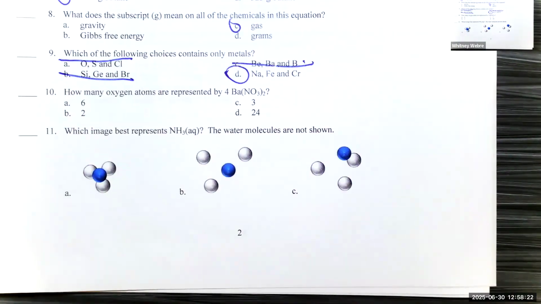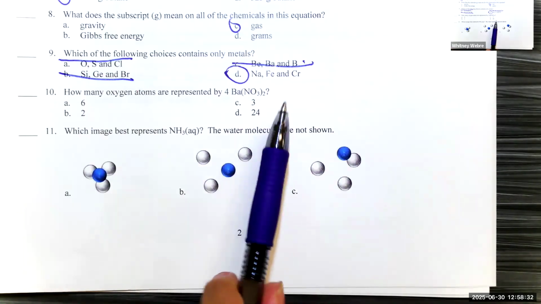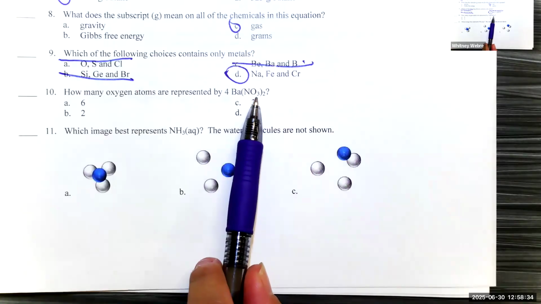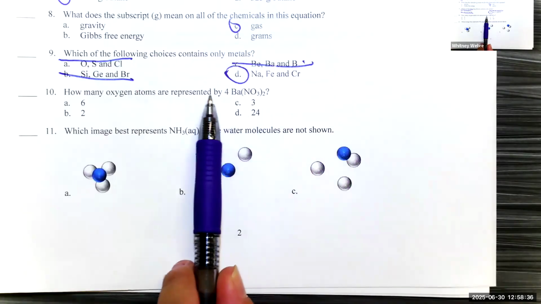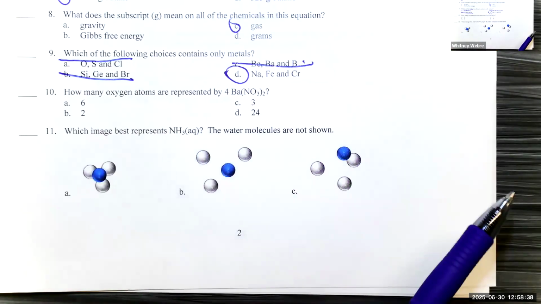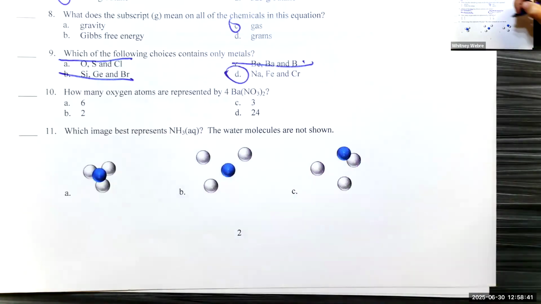How many, oh, I love this question. How many oxygen atoms are represented by 4 barium nitrates? In 1 barium nitrate, we have 6, so 3 times 2, but there are 4 of them.